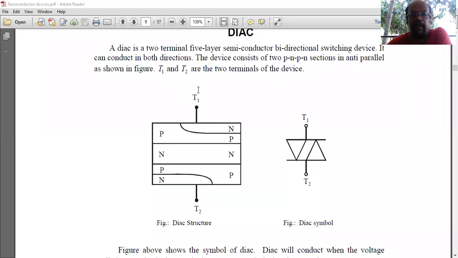This is a symbol, actually a symbol only. When we use it in any circuitry arrangement, there we use the symbol, but when we describe the devices, we have to use the DIAC structure. It is a four-layer one. Sorry, it's a five-layer one, and has two terminals.